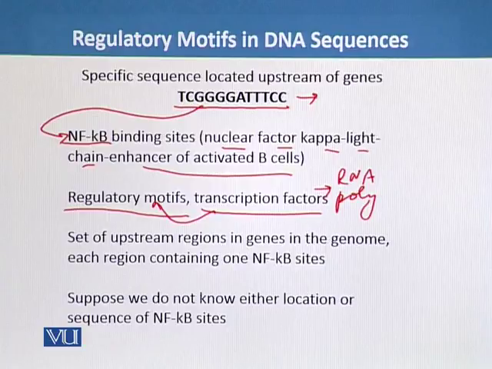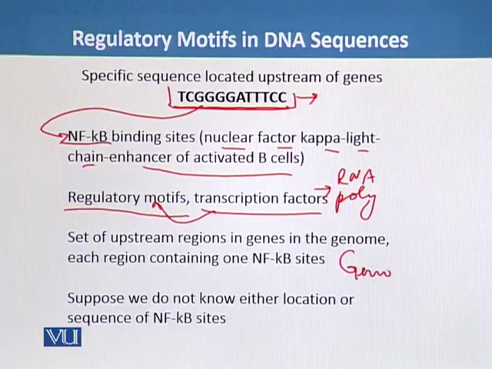So scientists can perform many experiments to find regulatory motifs like this. For this purpose they can perform a lot of genomic studies in which they can find the specific sequences that are repeated many times.